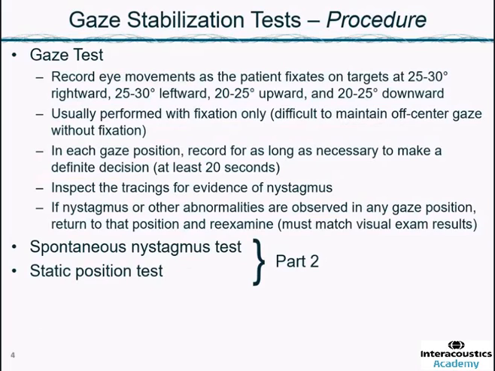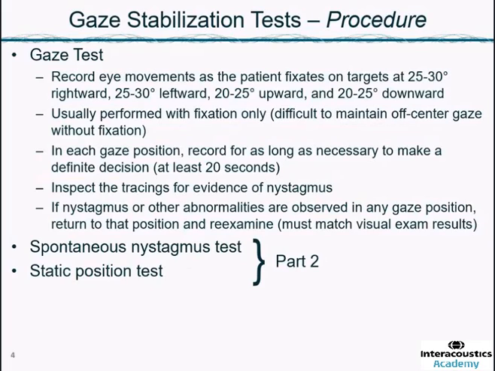Sometimes in some laboratories they perform this test both with fixation and without fixation. I usually do this with fixation only, for two reasons. It's hard to maintain off-center gaze position in complete darkness, so very often the patient's eyes drift back to the center.